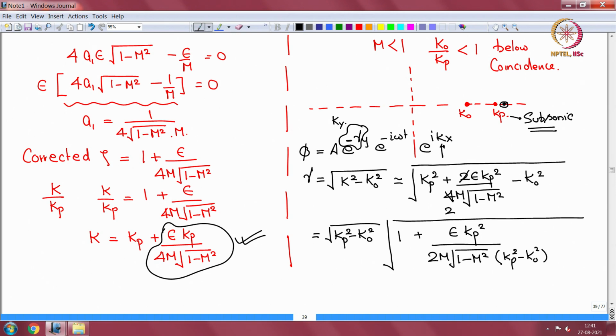Okay, so I can divide now by kp squared. So this becomes 1 minus m squared.